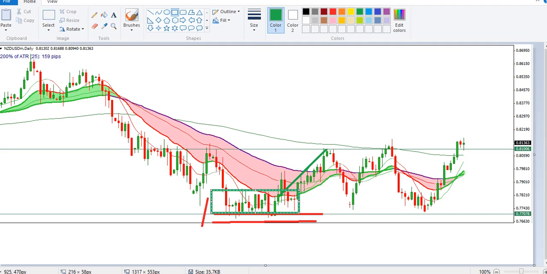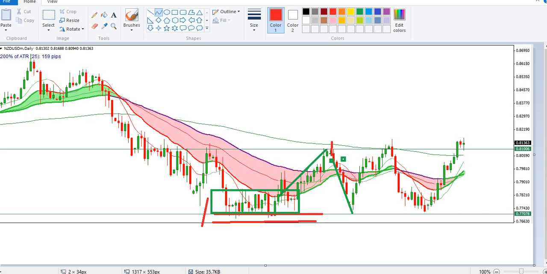For me, that first trade I probably would not have taken because it was against the trend. The next trade, this one here, I would have taken, because look at the reward, look at the risk.